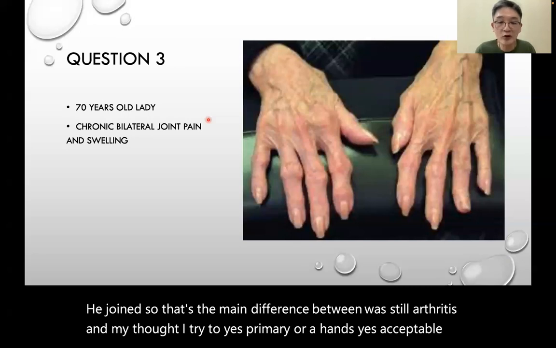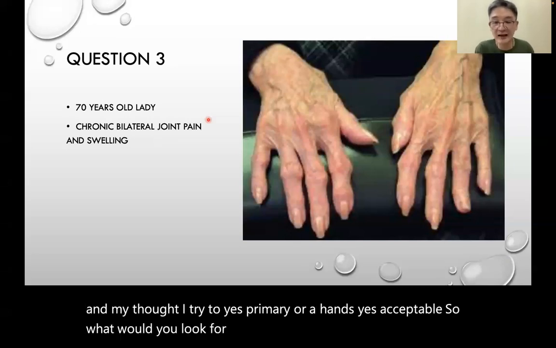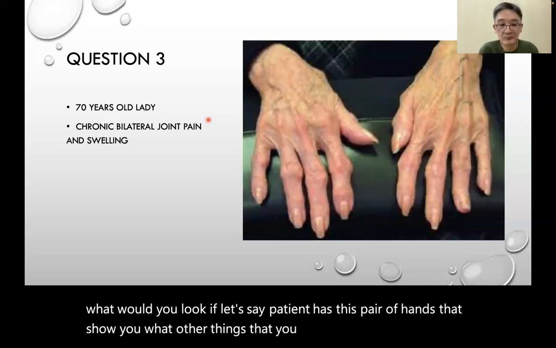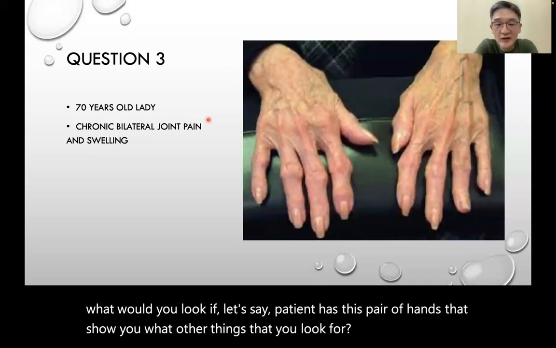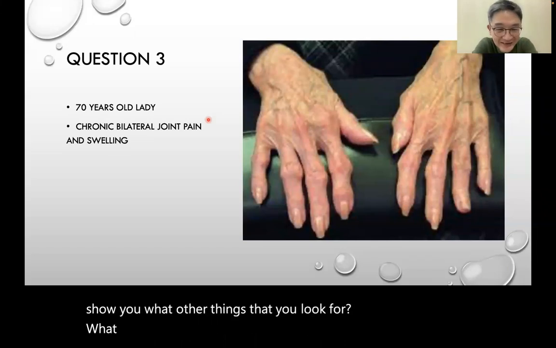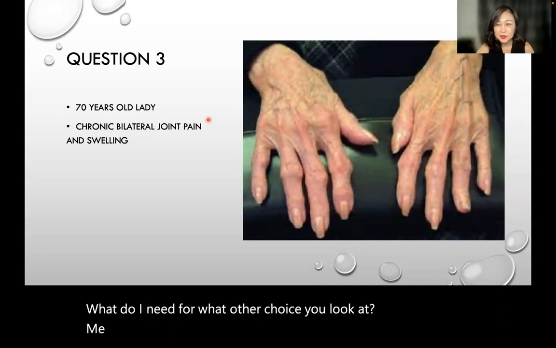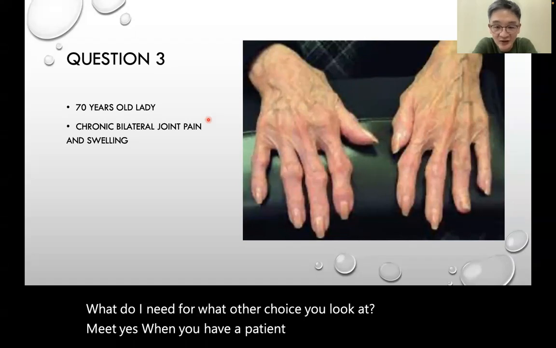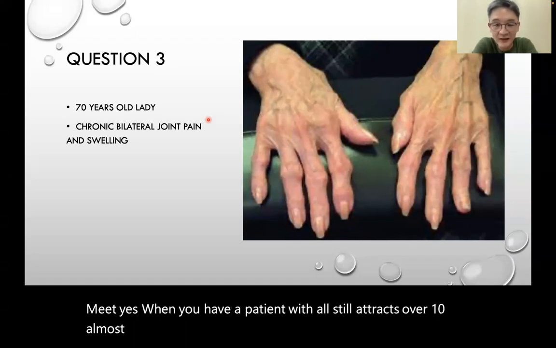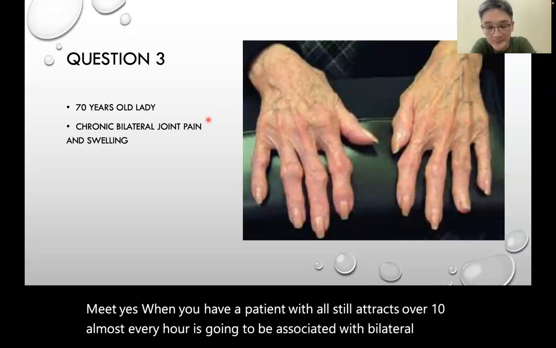So what will you look for if, let's say, the patient has this pair of hands that I show you? What other joints do you look at? Anyone? Knee, yes. When you have a patient with osteoarthritis of the hand, almost every one is going to be associated with bilateral osteoarthritis of the knee.